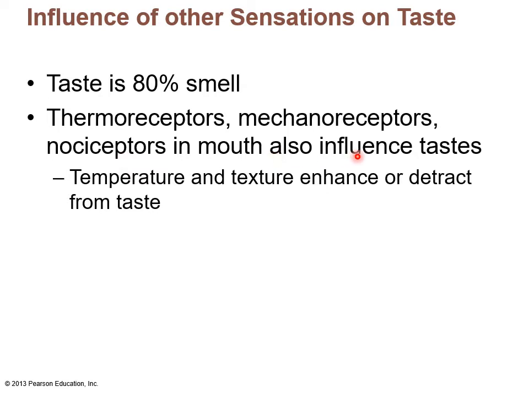So some things like real spicy food and hot sauce, to some people, initiates a sense of pain, burning. Some of the peppers that are out there can be pretty distasteful. Some people like them, but they can initiate nociceptors and pain receptors in some people. So temperature and texture do enhance or detract from taste, like I said.